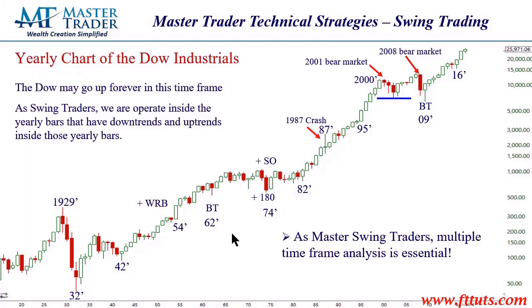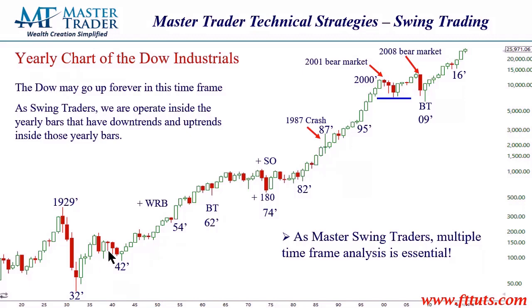But as you can see here, the market has been trending higher. Now, I wasn't around in 1929, but we all know about the big crash and how much this went down, from around 300 down to looks like around 10 or 20, whatever that might be.